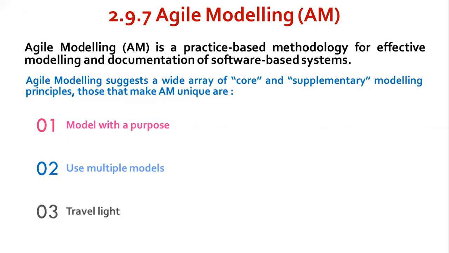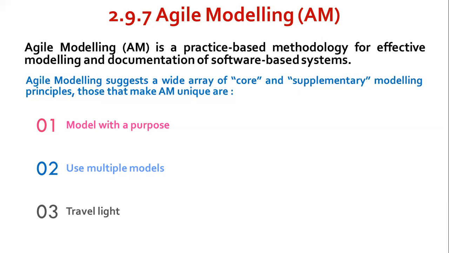And the third one is travel light. As the software engineering work proceeds, keep only those models that will provide long-term value and jettison the rest. Every work product that is kept must be maintained as changes occur. This represents work that slows the team down.